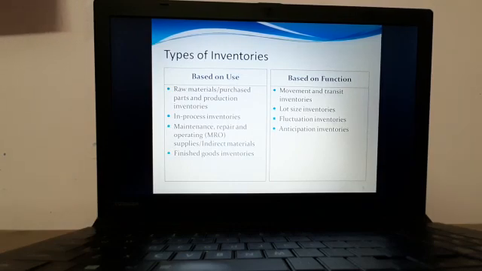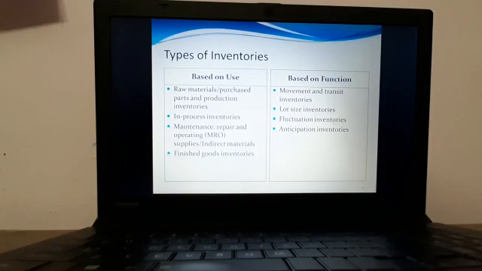So we have direct materials and indirect materials within the types of inventories when classified based on use. And apart from this, based on use, we have another type of inventory which comes under the category of finished goods inventories. So whenever finished goods inventory is there which is going to get utilized, that is also categorized as inventories based on use.